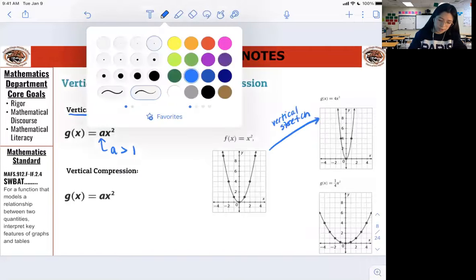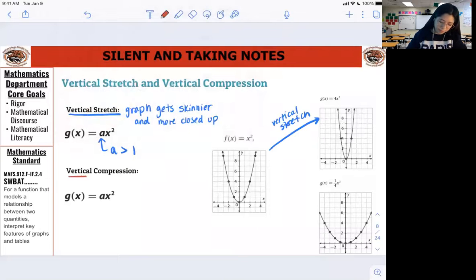Now on the other hand, vertical compression, the graph gets wider and more open.